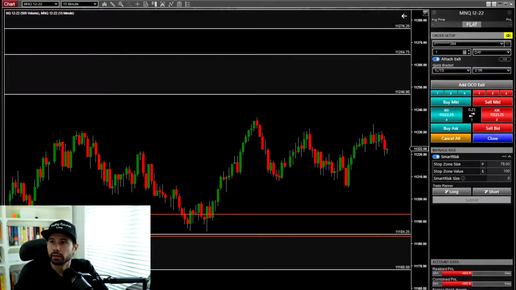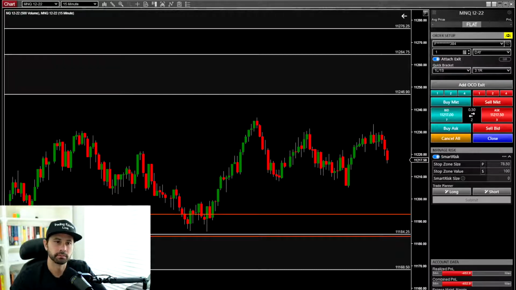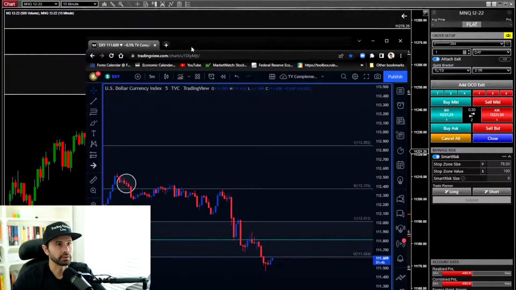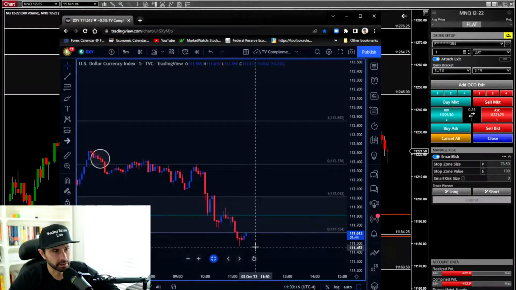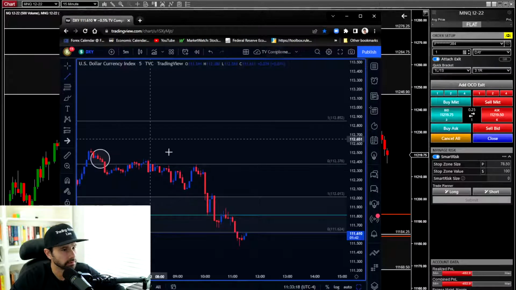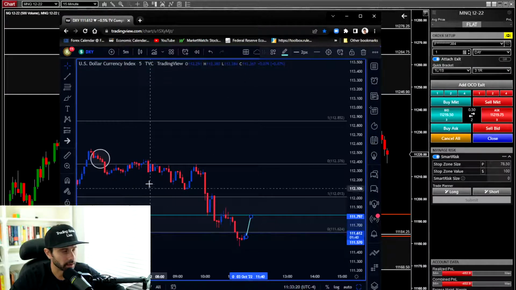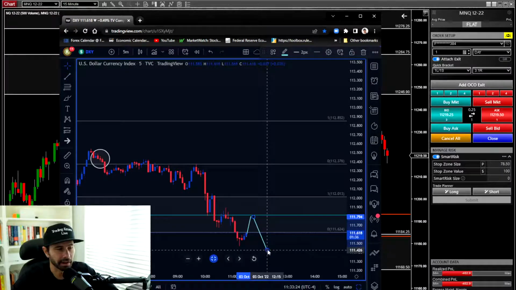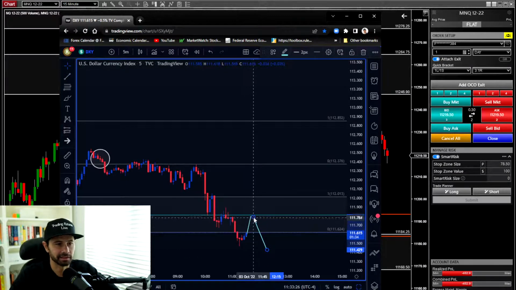Let's go see the dollar. It's coming back up to the previous demand that we broke down. So if we have this retracement to the upside here, I think we might have some more continuation to the downside. You know what that means, right?